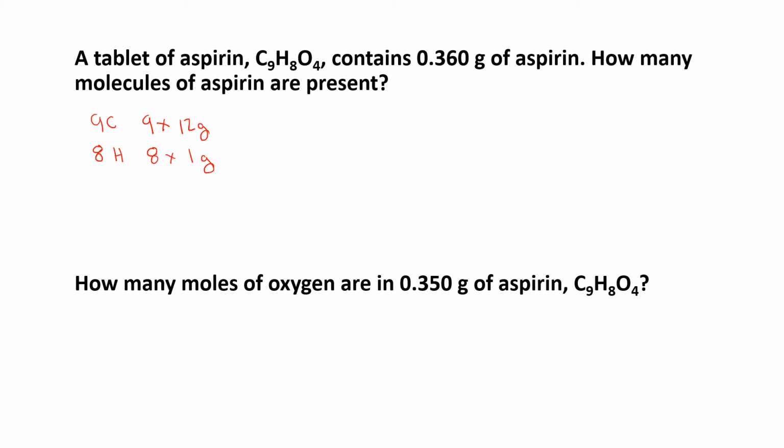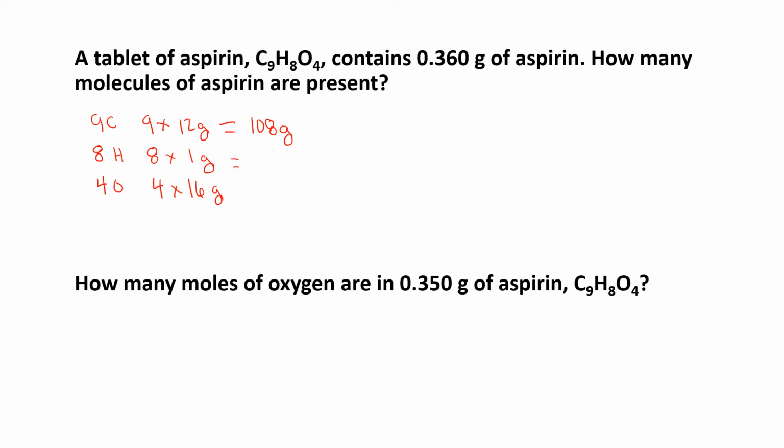So 1 mole of hydrogen would be 1 gram. And we have 4 oxygens. So that's 4 times 16 grams. All right. So 12 grams times 9 is going to give me 108 grams.